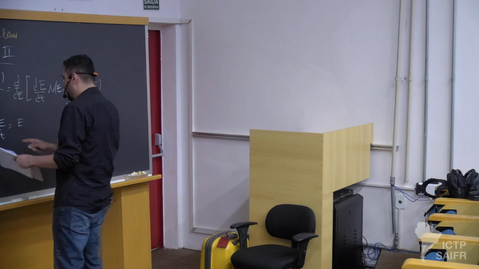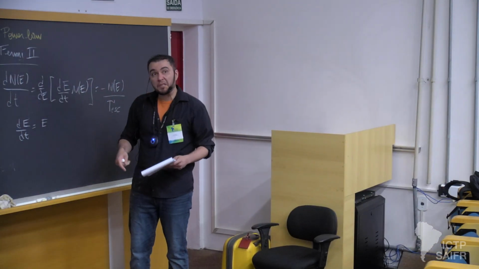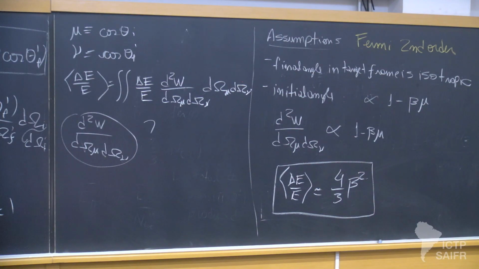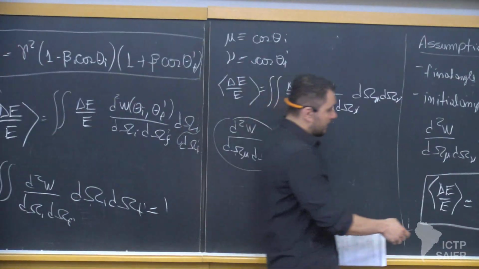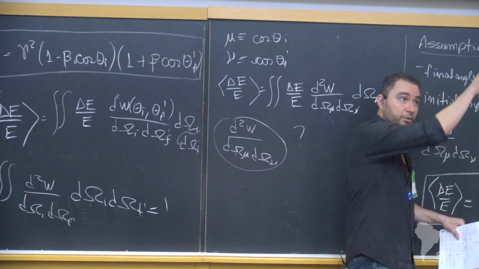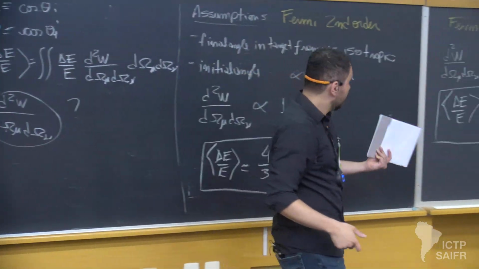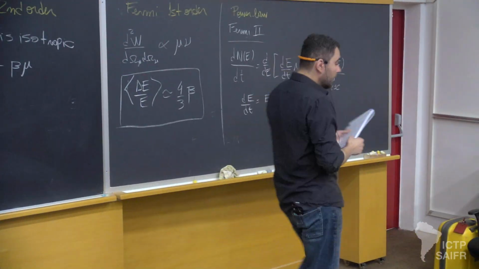Assuming, in the very simple case, which is not really correct but a good starting point, that the energy gain does not depend too much on the energy. That's a good approximation if beta is relativistic, so it approaches 1 and stays very close to 1, so the energy gain is approximately constant.